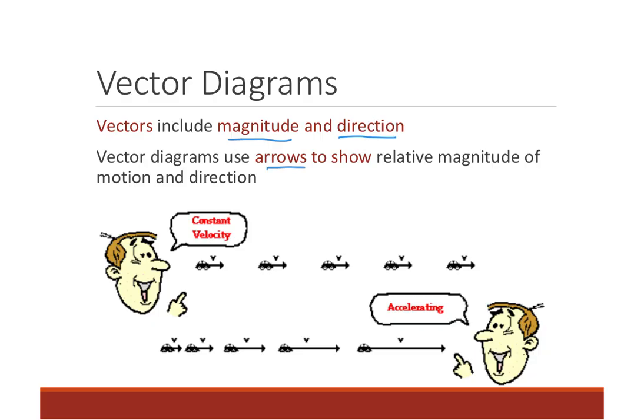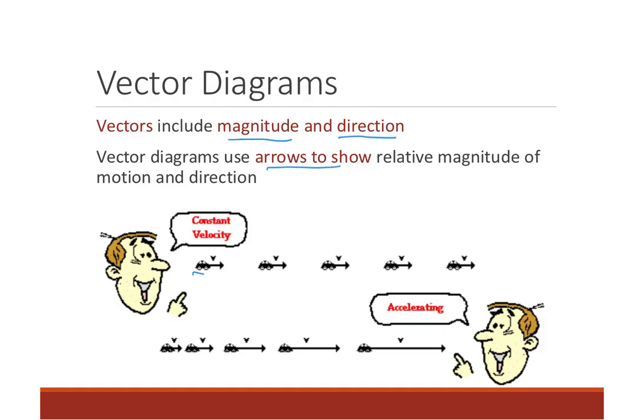Arrows are used in describing things with vectors, and the size of the arrow matters. So a big vector is a greater magnitude, a greater number of whatever we're talking about. And whatever direction that arrow is pointing is showing you the direction of the motion or the force or whatever you're talking about.